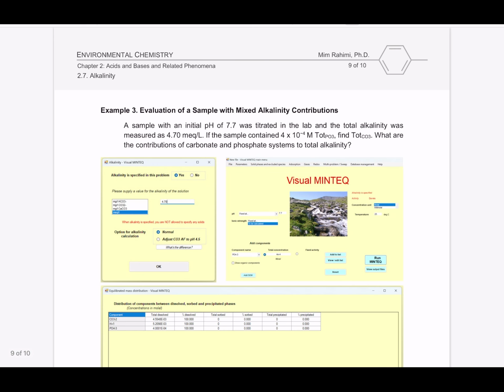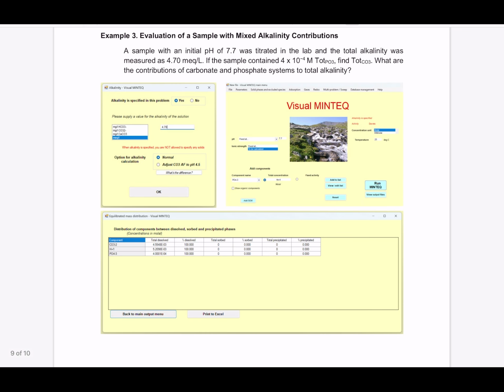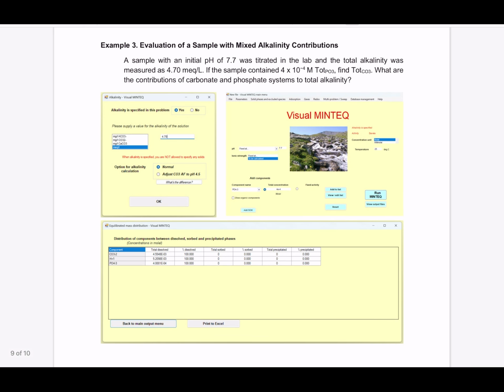Here I'm providing a quick example. We have a solution that has a pH of 7.7. We do titration in the lab. We see that we need 4.7 milliequivalent per liter to bring down the pH to 4.5. So that means alkalinity is 4.7.